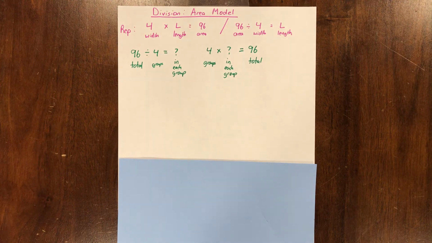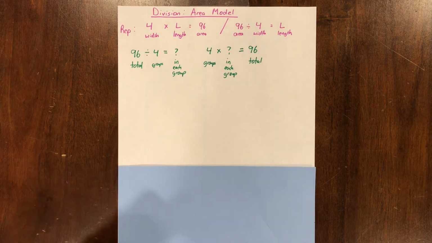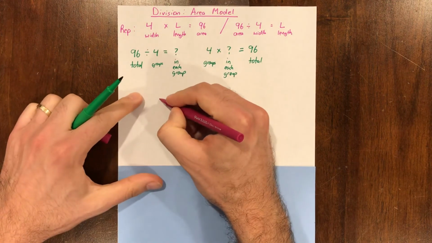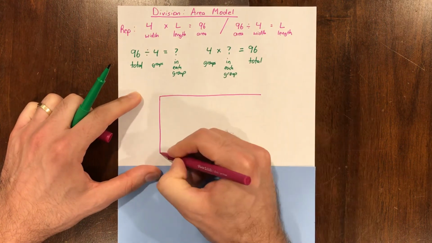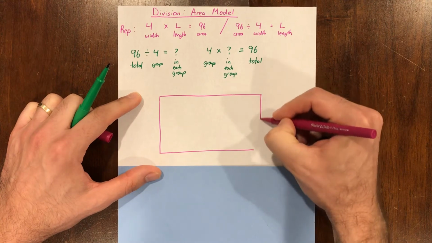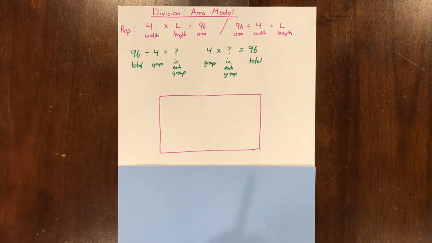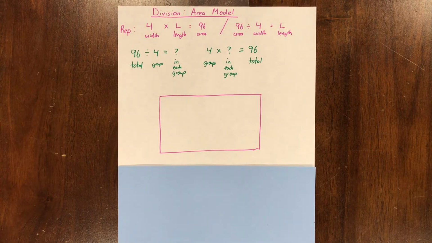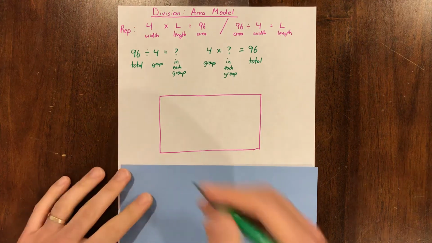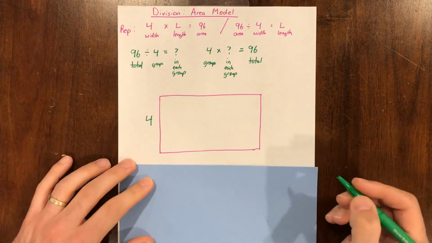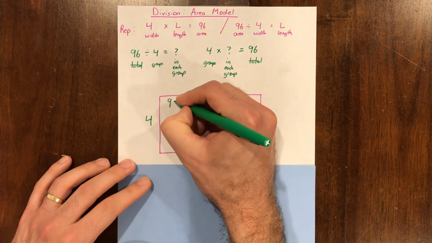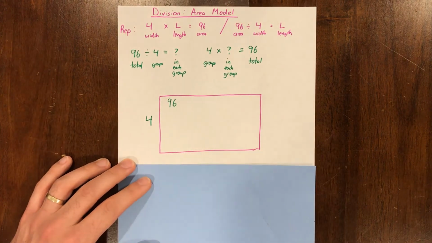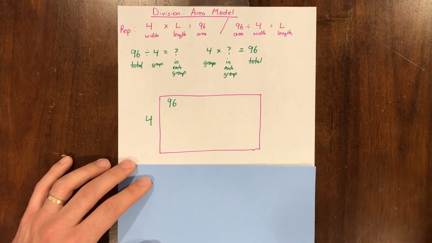So I'm going to draw a rectangle. Okay. And then I'm going to show the things you just said. I'm going to show that the width is 4 by putting 4. And I'm going to show the area is 96 by writing 96 inside the rectangle. I'm going to put the area in the top left. You'll see why as we go.